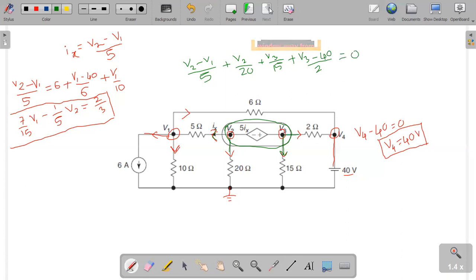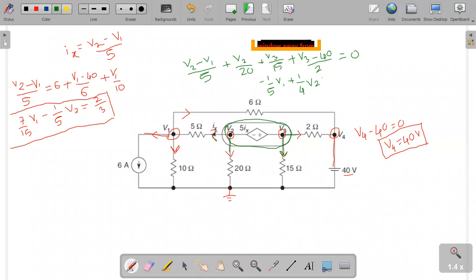So I will have to take the LCM and simplify this. After simplifying this equation number 2 using LCM, we will get the final equation as minus 1 upon 5 V1 plus 1 by 4 V2 plus 17 by 30 V3 equals 20.